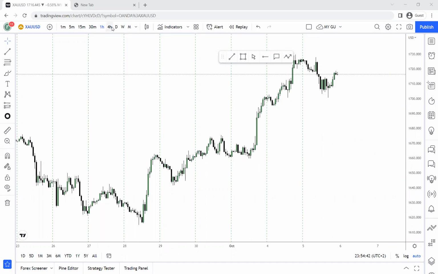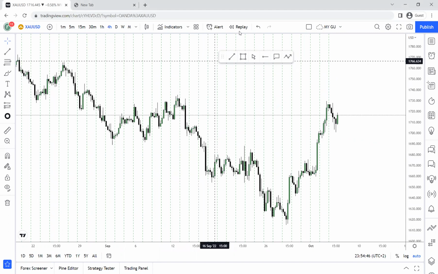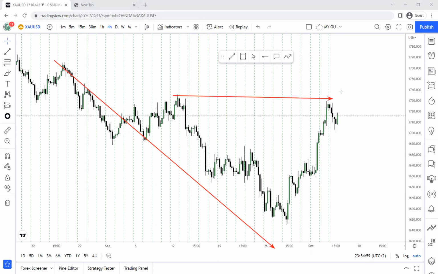All right. If we were to go on the 4-hour time frame right now, what do we have? We can see with our own eyes that market was moving down, right? For some time, market was moving down. If we look at this high, we can see the market went all the way up.